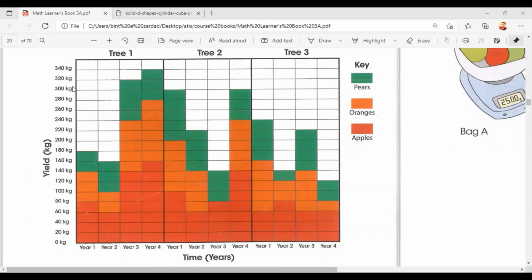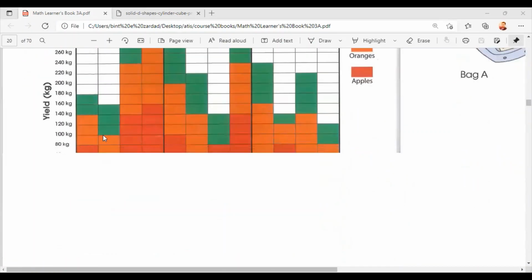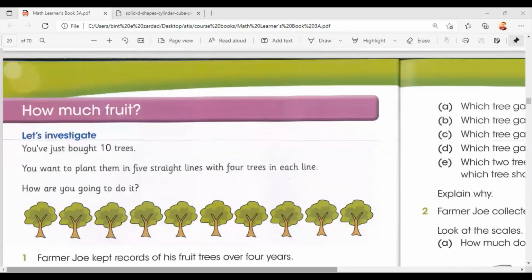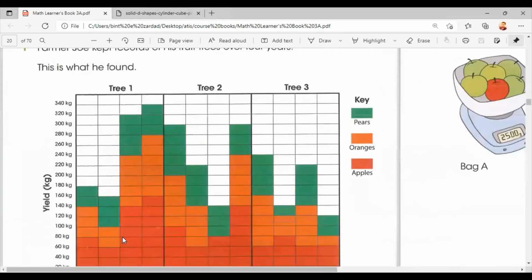So on the vertical line, it's showing us the yield in kg, and on the horizontal line, it's telling us about years. So there are 4 years. So the question, let's start. Which tree gives the most fruit in the first year? In the first year.